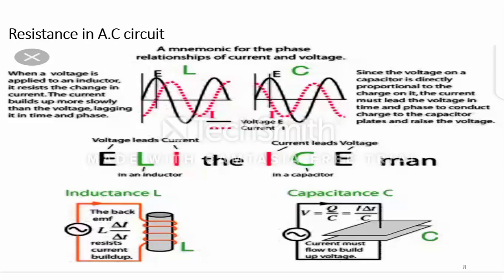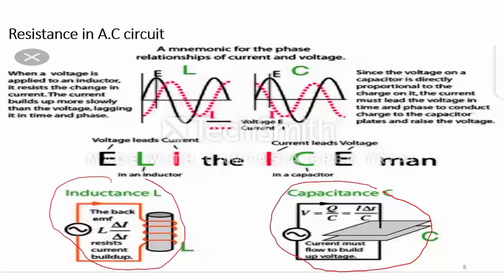Look at this. We discover that current leads voltage by 90 degrees. In this circuit as well, if I'm considering the inductive circuit, when an inductor is connected across a potential difference as shown in the diagram here, voltage leads current by 90 degrees.